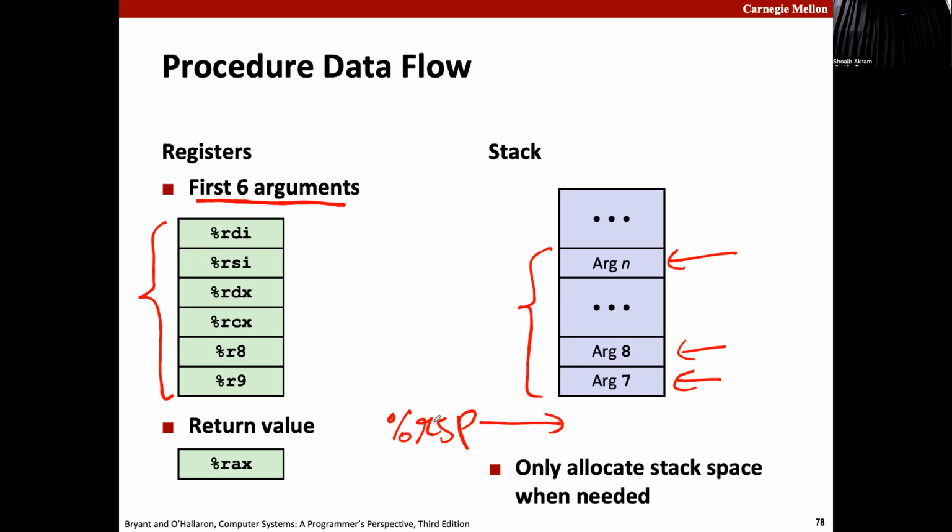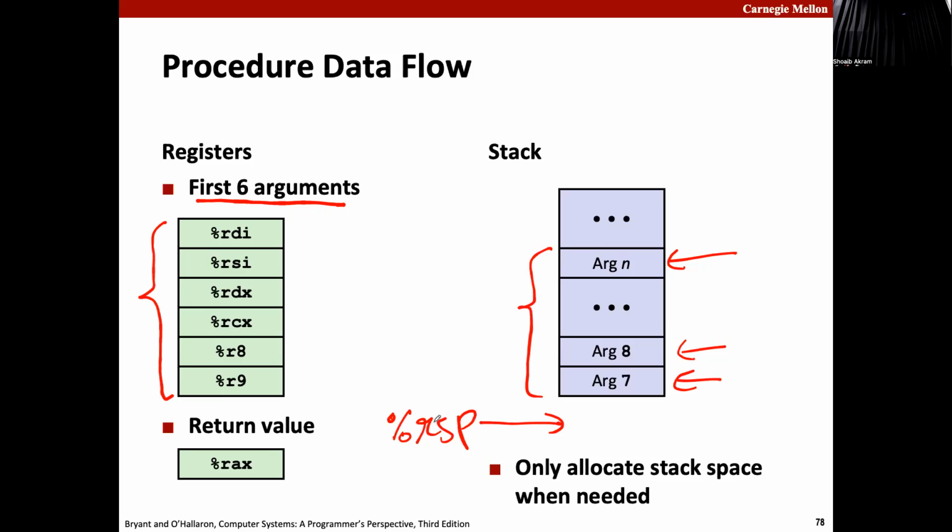Stack pointer minus 8. Wait a second, minus 8 or plus 8? The stack grows downward. Okay, this is confusing. The stack grows downward. Remember that. You will make this mistake in the lab. Plus, to get access, if this is your stack pointer, you're the callee.